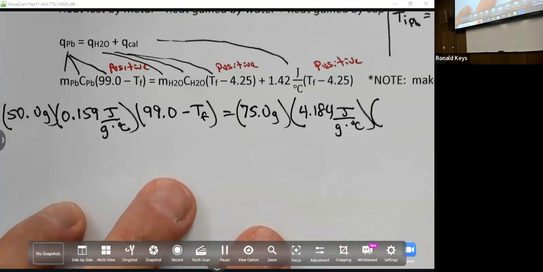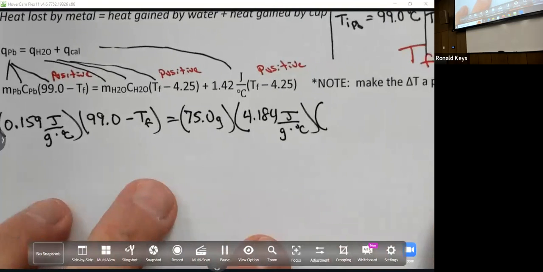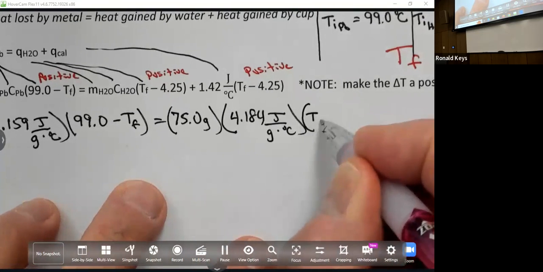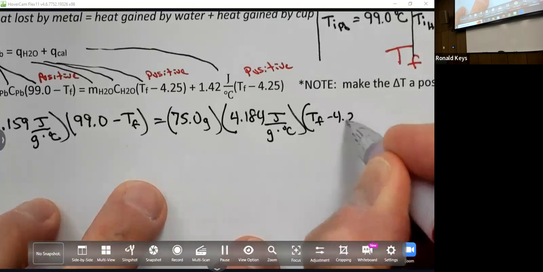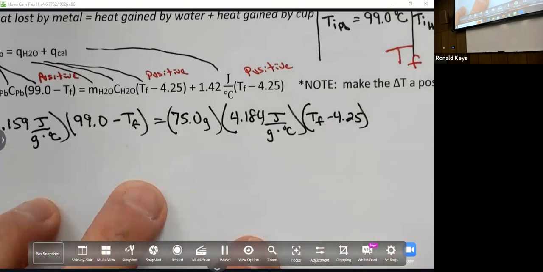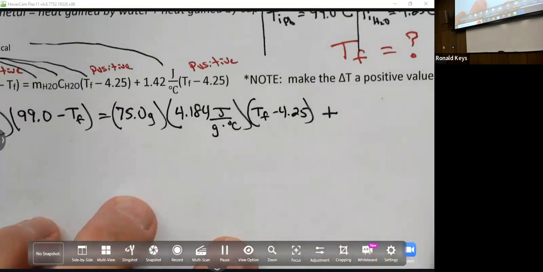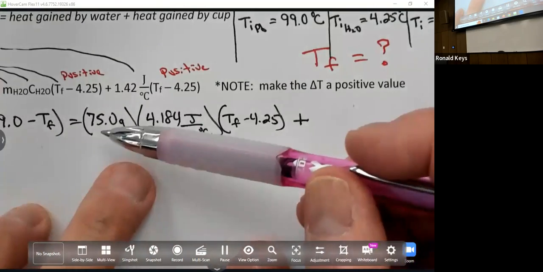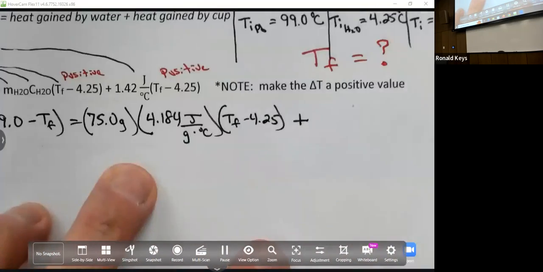The change in temperature of my water is going to be T final minus 4.25. Plus, I don't worry about the mass of my calorimeter.